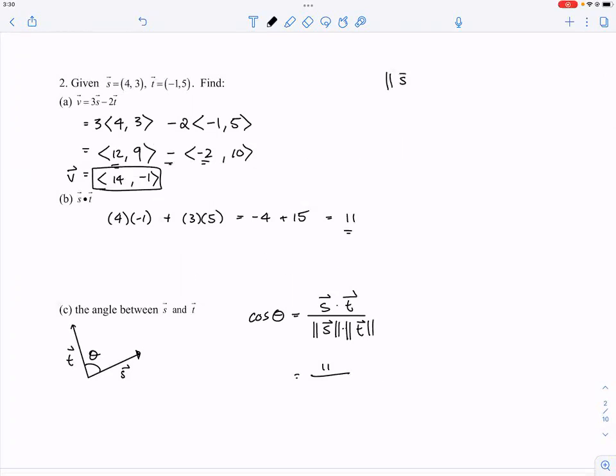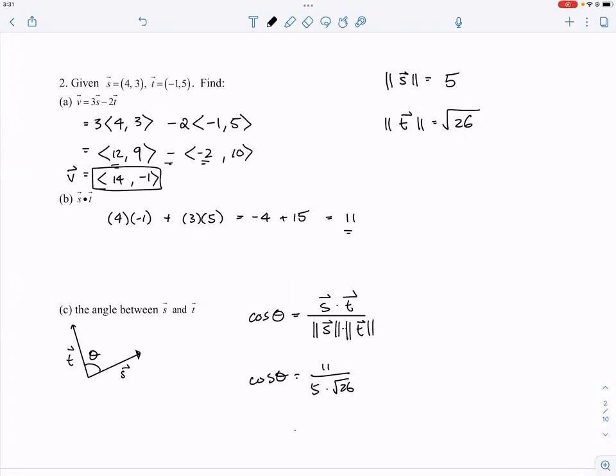So for S vector, the magnitude, it's going to be 5 because it's the 3, 4, 5 triangle. And then for the T, vector T, that would give you a magnitude of square root of 25 plus 1, which is 26. Okay, so you have 5 times square root of 26. It's equal to cosine theta.